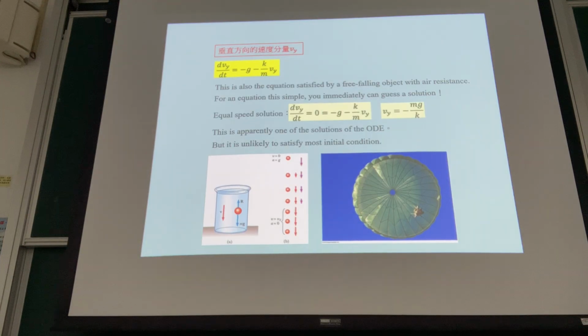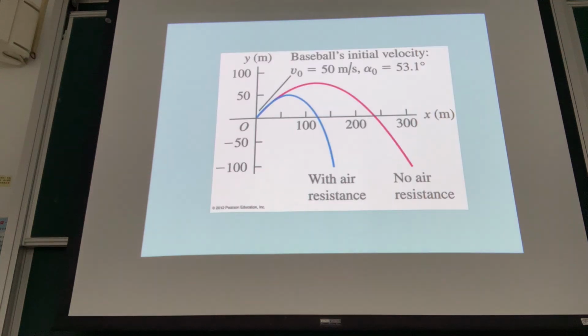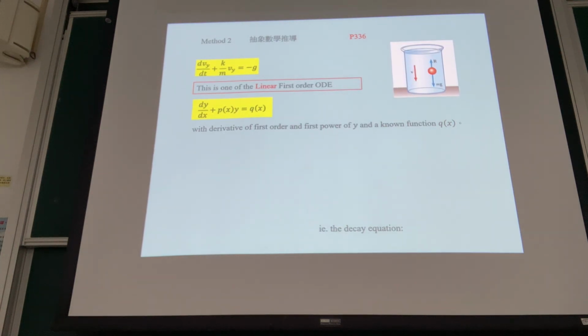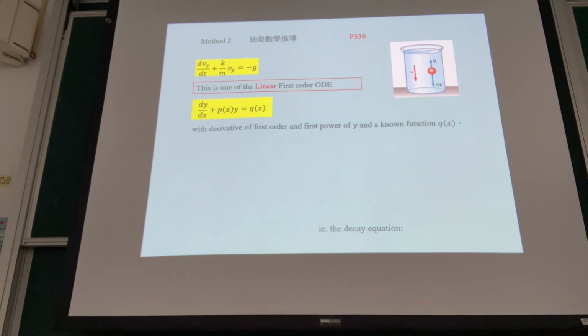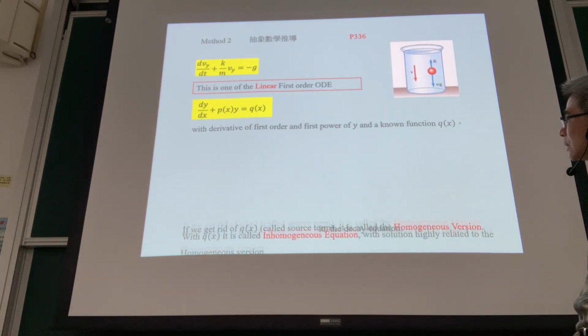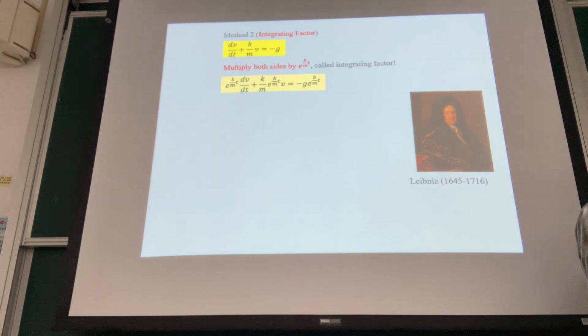That's why it's fun to solve it separately from the horizontal speed. Okay, so next week I'll show you method 0, and method 1. Actually, method 1 is here, and method 2. Method 2 is called integrating factor.